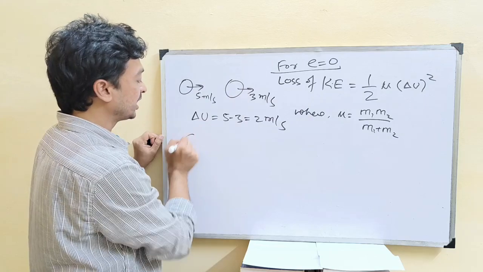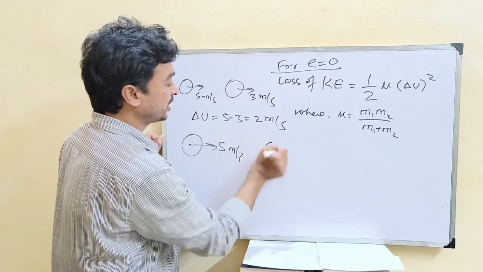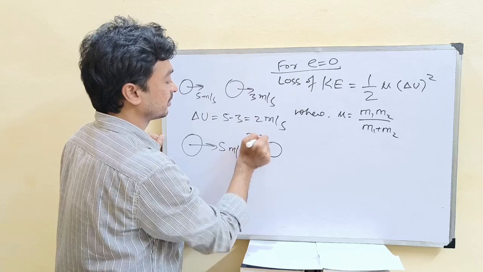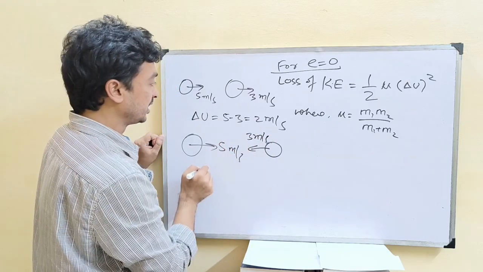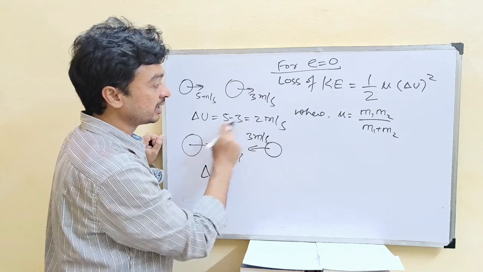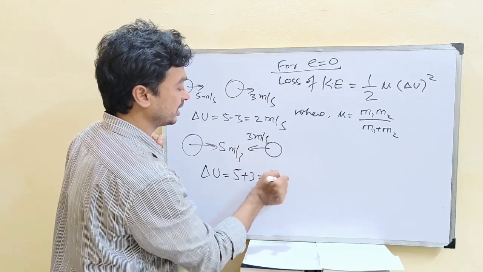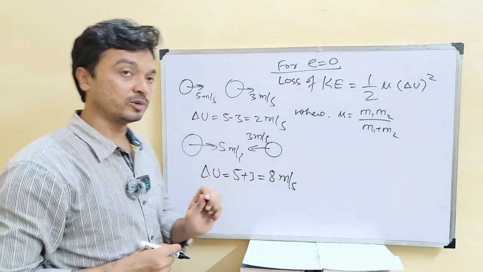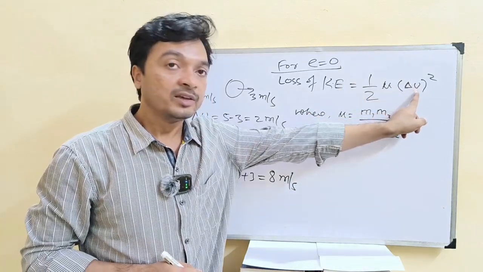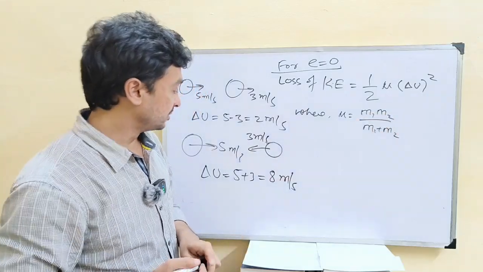If both the objects are moving in opposite directions like this, then delta u, that is the relative velocity of approach, will be 5 plus 3, that means 8 meter per second. This is basically the velocity of approach, or you can call it relative velocity, right?